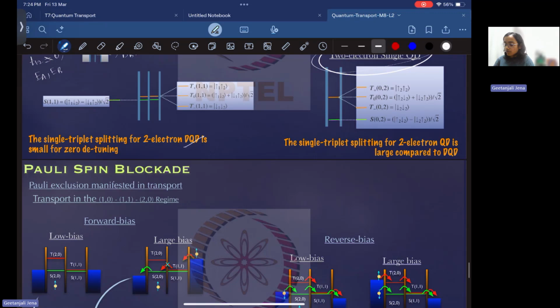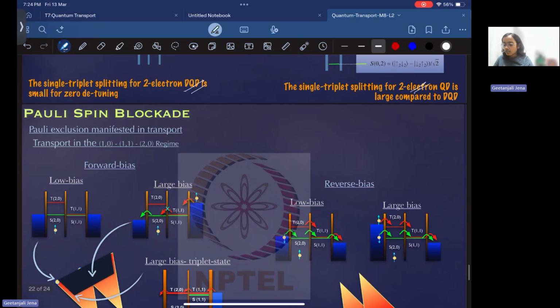Okay, so this is what has been discussed in the lecture. So in the next case, we now have an idea about the reason, where we'll see the charge transport under low bias and under high bias. For low bias, we'll see the charge transport in the charge triple point.